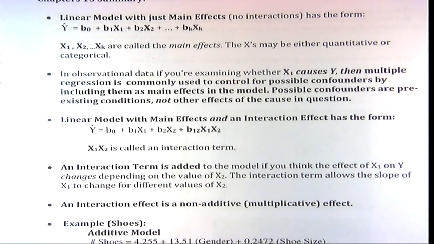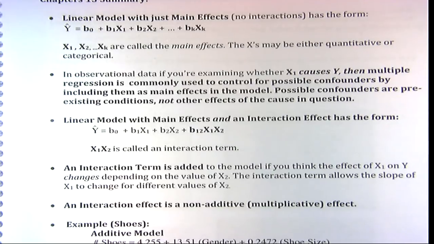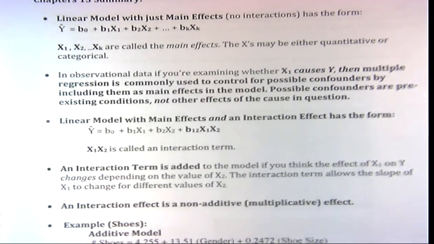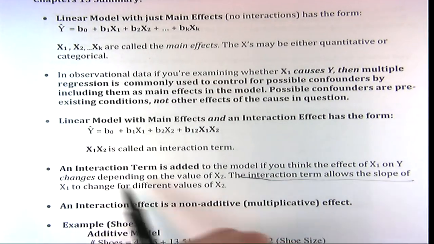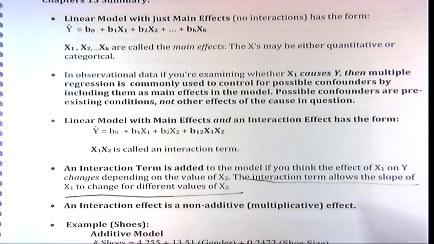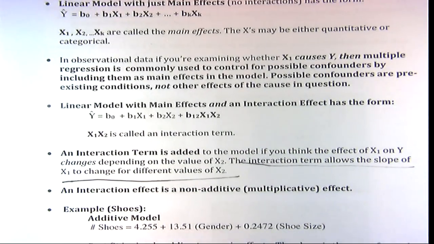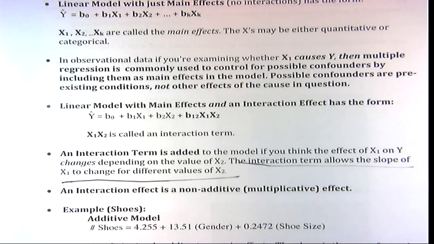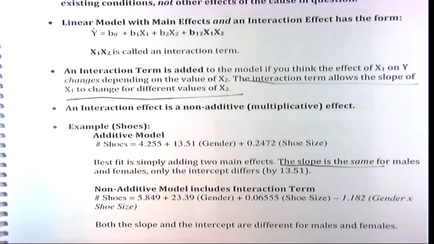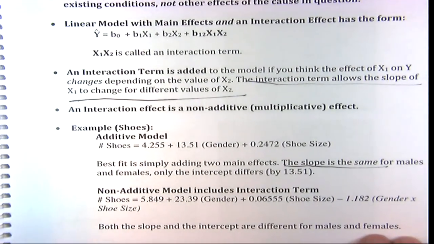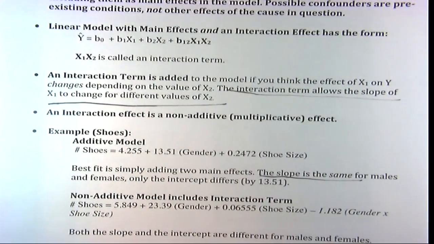I think you can just read this on your own. The interaction term allows the slope to change. That's the main point. And without an interaction term, the slope is the same. You have parallel slopes. So that's the idea.